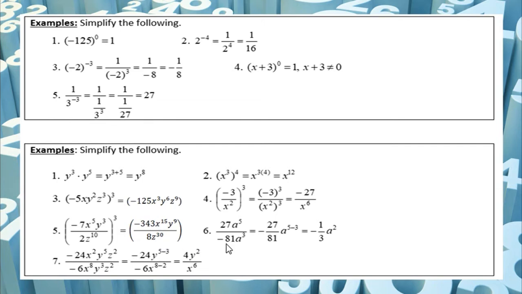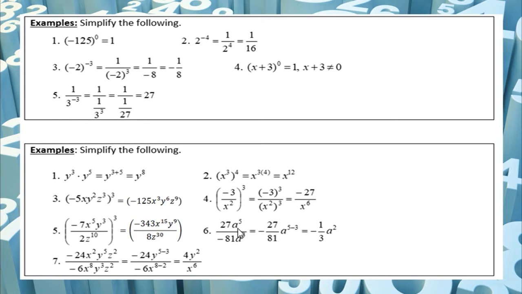Number 6. 27a to the power of 5 over negative 81a cubed. So this is equal to negative 27 over 81. If only one of them is negative, the result is negative, but if both are negative, it becomes positive. So, the whole fraction is negative, in this case 27 over 81.